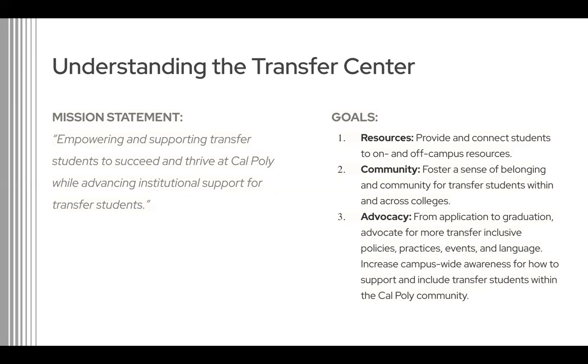Community, this goes along with fostering a sense of belonging and community for transfer students within and across colleges. And of course, advocacy. From application to graduation, we must advocate for more transfer-inclusive policies, practices, events, and language. This will increase campus-wide awareness for how to support and include transfer students within the Cal Poly community.